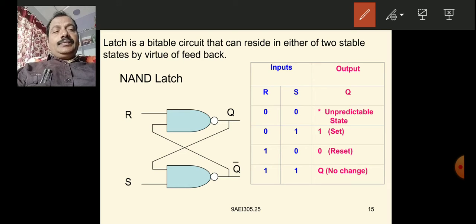Let us consider the 1 0 combination. For the 1 0 combination, observe here, the top NAND gate has R equals 1. The other input is not known.